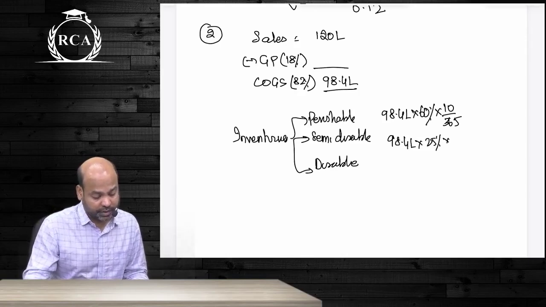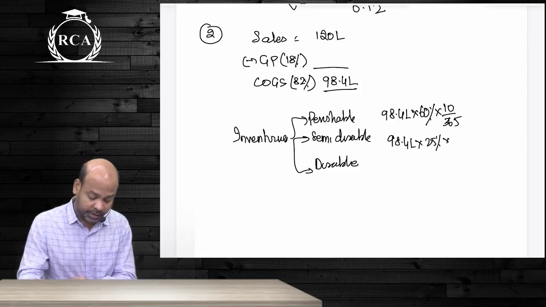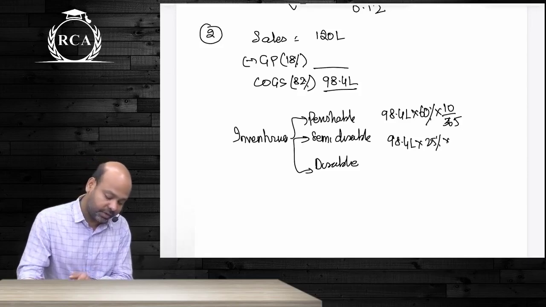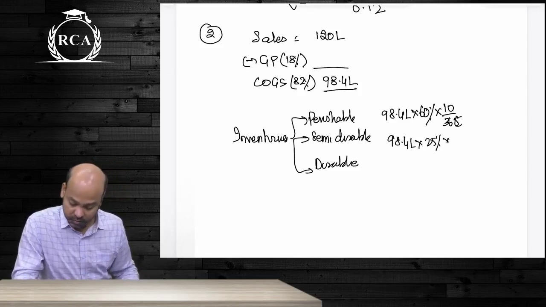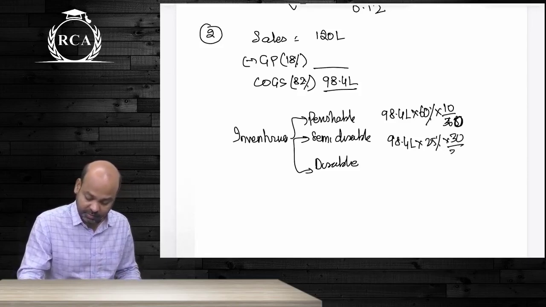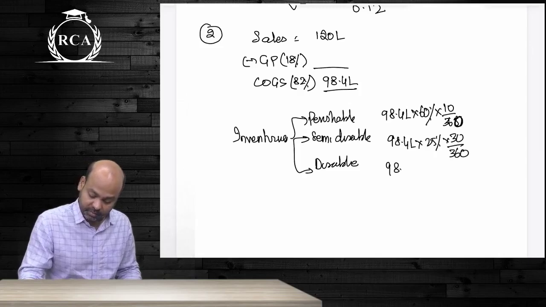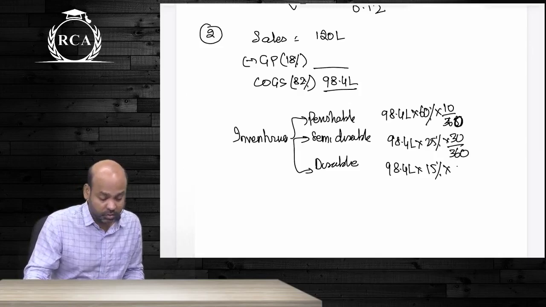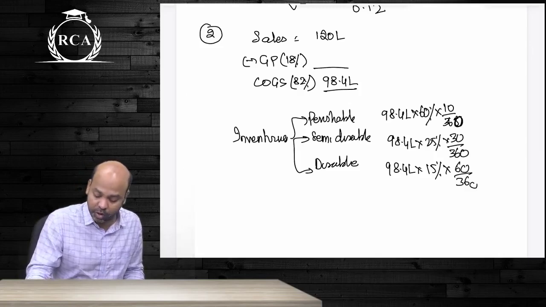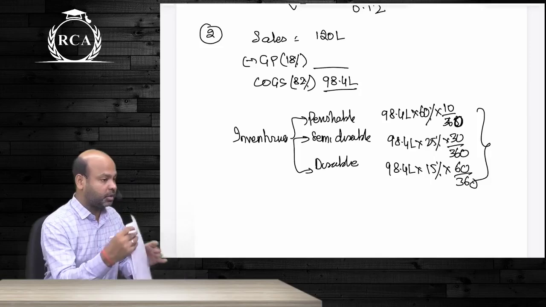Oh yes, one second, guys, add a sentence within the question: 360 days in a year. Otherwise the answer will not match. 98.4 lakhs into 15% into 60 by 360. I do not want individual answers, guys. Please tell me the overall.